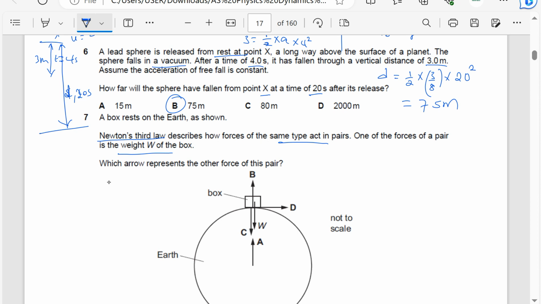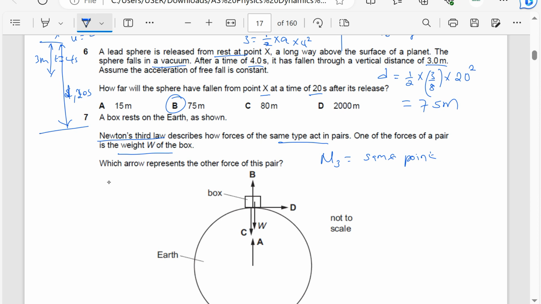Of course, for Newton's third law, the two forces must be acting at the same point. They must be acting in the same line. Their lines of action are the same. For them to cancel out each other, their lines of action should be the same because they should be equal but opposite, and their resultant should be 0.